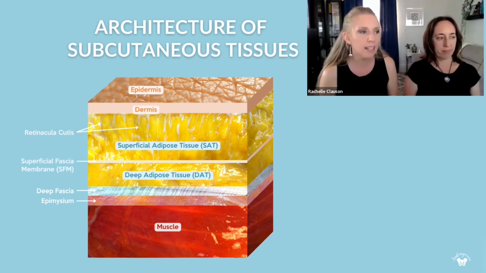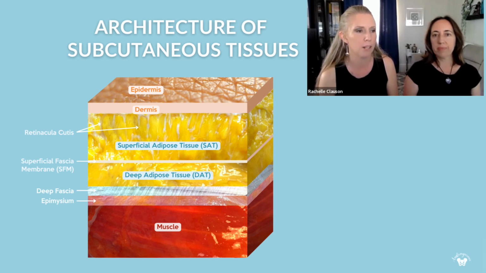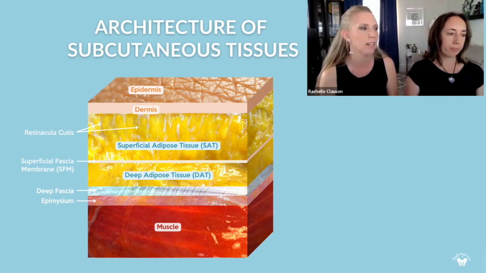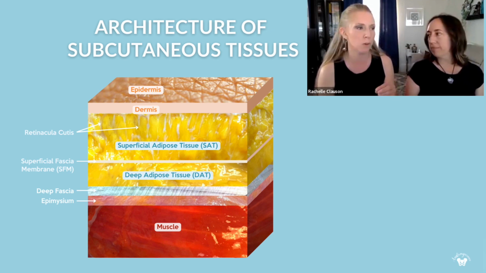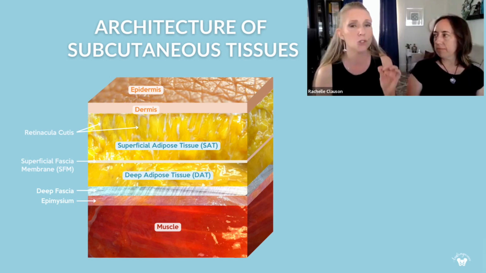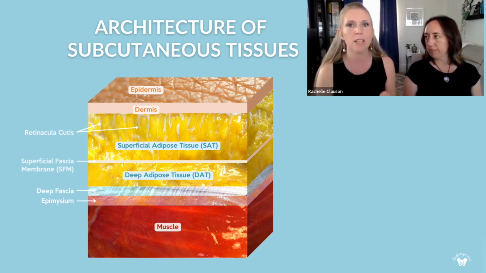This line that I've drawn is just to emphasize a line that exists in reality, but is a little bit faint. And so I wanted to clarify it by just putting a block of color across it. That's the superficial fascia membrane. We'll get into this in a little more detail later, but this is by some considered the true superficial fascia.